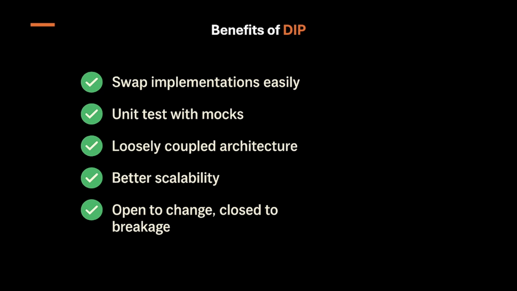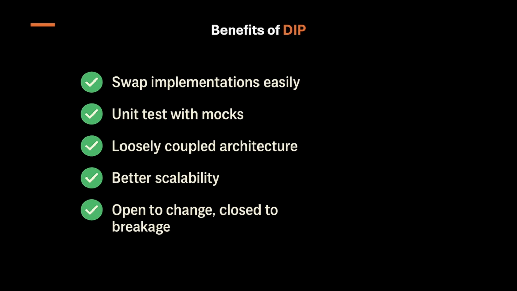Loosely coupled architecture. This principle enforces a separation between what your system does and how it does it. The result, a loosely coupled architecture that is easier to extend, safer to modify, and easier to maintain. Better scalability. As your application grows, adding new features becomes simpler.